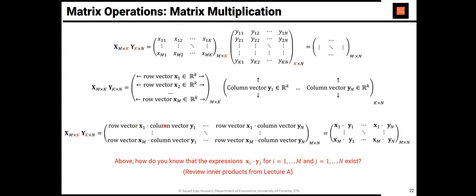But voila, that's exactly what you have here, right? Because each of these row vectors was sitting in dimension k, each of these column vectors was sitting in dimension k as well. That's why you need to check that k and k are exactly the same. So you can in fact carry out these inner products because each of these row vectors and column vectors have k elements each. And the answer is going to be a scalar, a number.